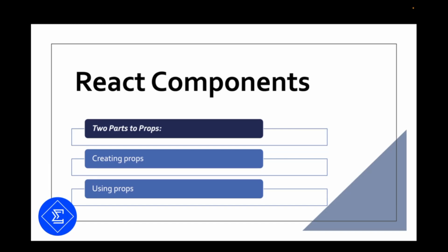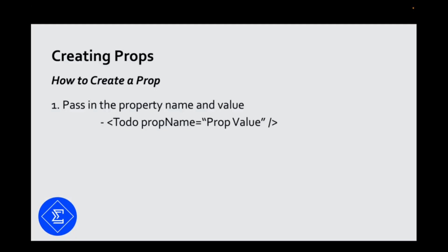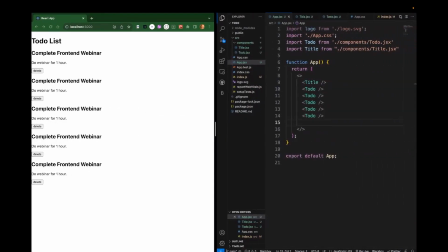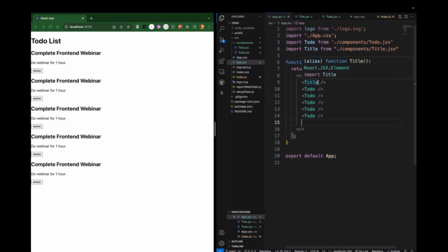So there are two parts to props in React components: creating the prop and using the prop. To create a prop, you pass the prop name and value, so prop name equals prop value. I'm just going to show what I mean by that in here. Let's say I want to change what each of these to-do examples are. So I'm going to change the title prop.